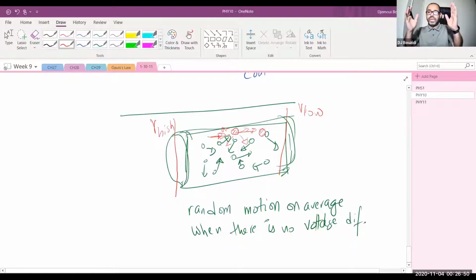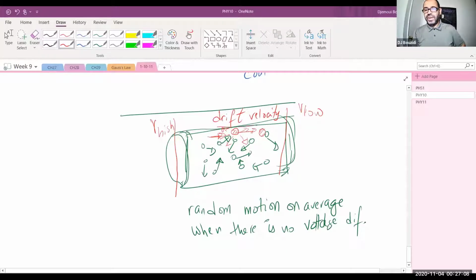So the time between each collision is the time when they're actually moving, and that is what we call the drift velocity, because they will be drifting on average in one direction. And the average of the random collisions is just like this average, which is 0.